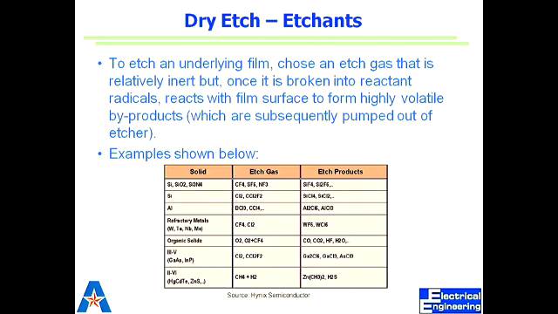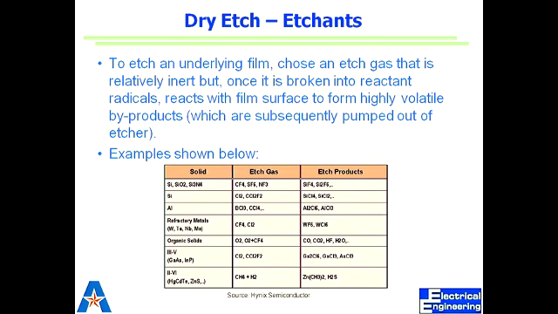Okay, let me tell you about the F by C ratio as well. Because we are talking about chlorofluoromethane, CF4, and I told you in dry etching mostly you use, as you can see, CF4, and there would be CF3 as well, there would be CCl2F2.